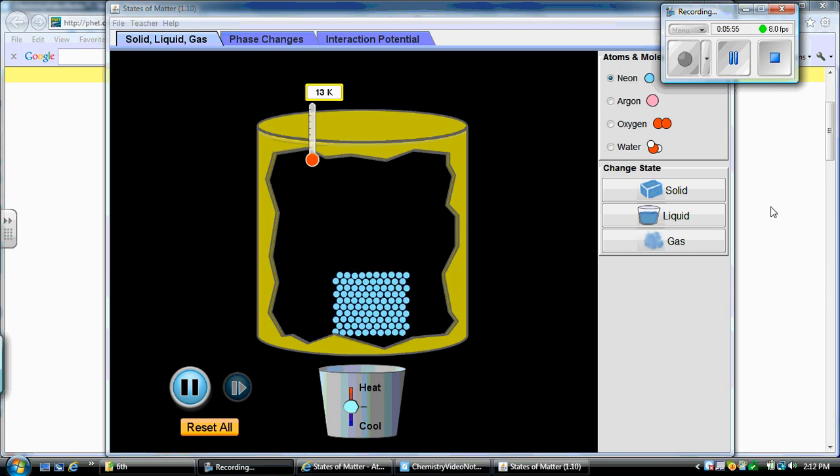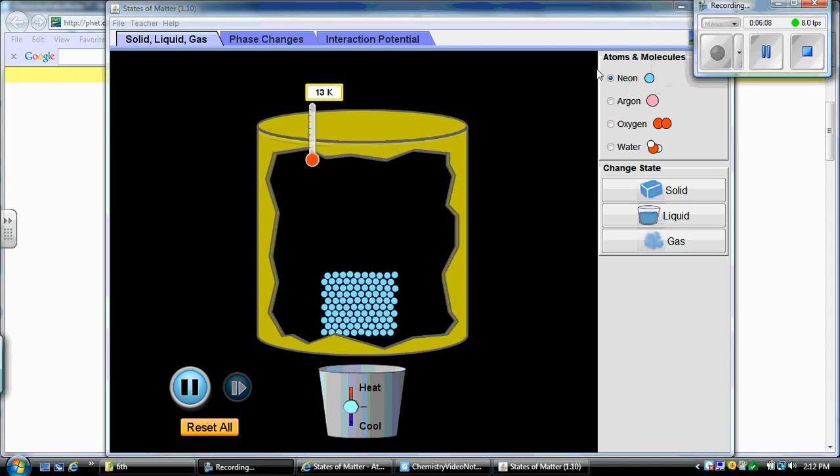Okay, so let's take a look at the phases of matter and how particles in matter change based on energy. The top tells you which element we're using. We're using neon. Neon, right now at this temperature, 13 Kelvin, is a solid.